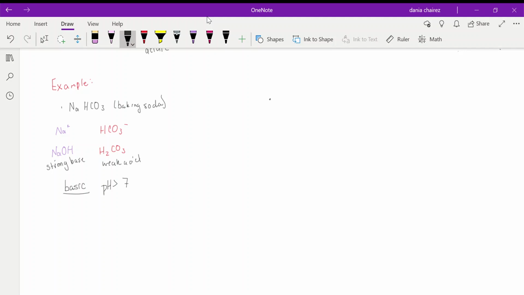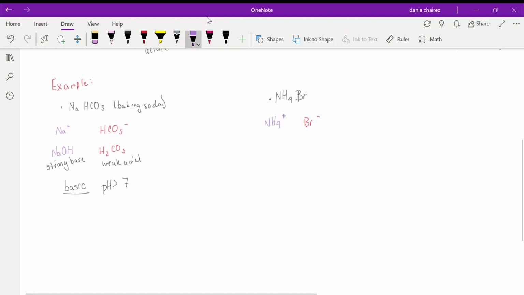Cool. So then another example would be NH4Br, or ammonium bromide. So your NH4 plus and Br minus.